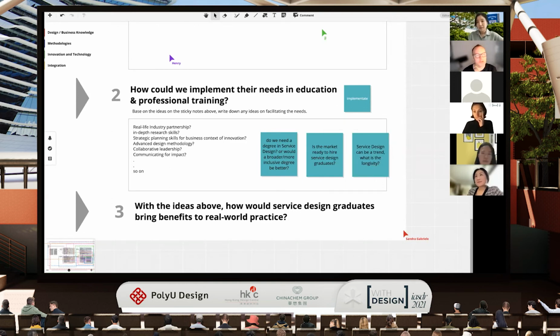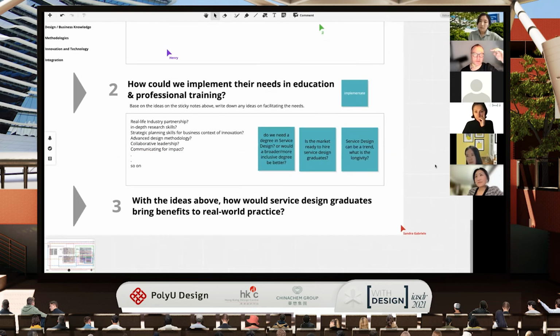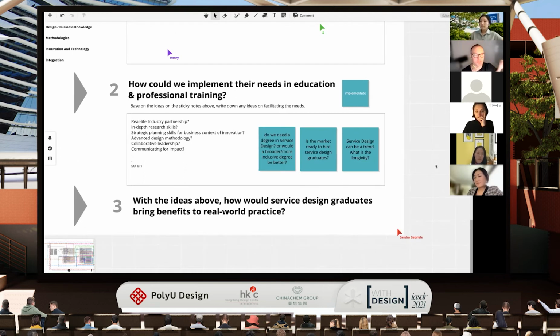And I share that worry, actually, that if we design our service design programs too tightly towards one of the different kinds of practices, designing of service, designing for service, and designing the ecosystem, service design here, right?